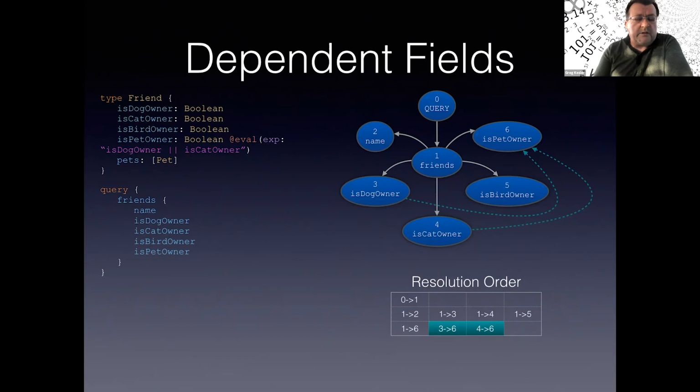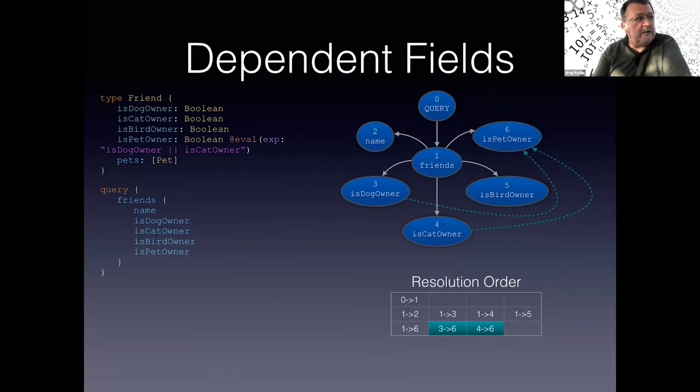So we need to somehow make fields isDogOwner and isCatOwner executed before the field isPetOwner. In order to do that, we can record additional dependencies in the query plan between the vertices or fields isDogOwner and isPetOwner, isCatOwner and isPetOwner.